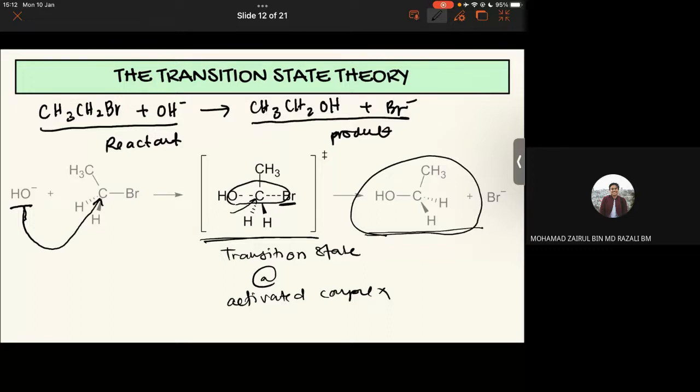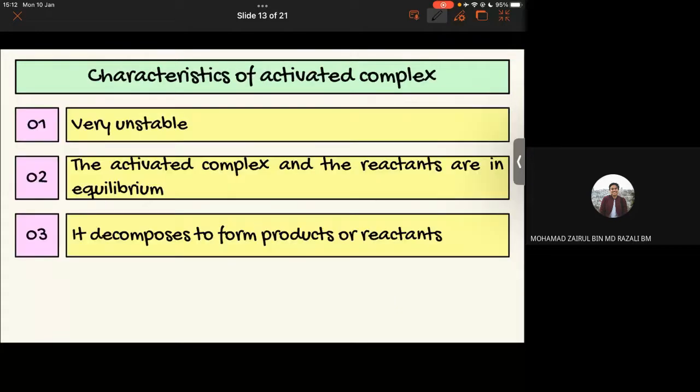Okay, dan normally for transition state kita akan guna simbol ini menunjukkan ini adalah transition state. Dan transition state dia akan ada special type equilibrium dengan reactant. Okay, so one of the characteristics of activated complex ataupun transition state is very unstable.